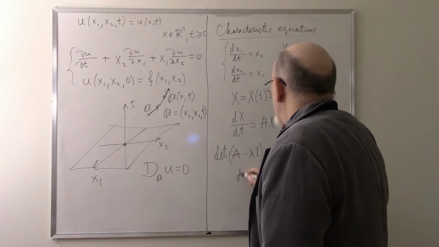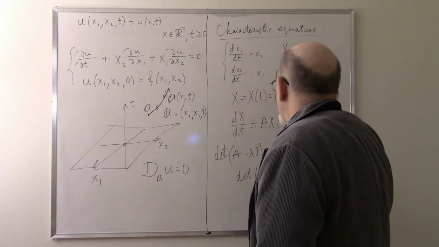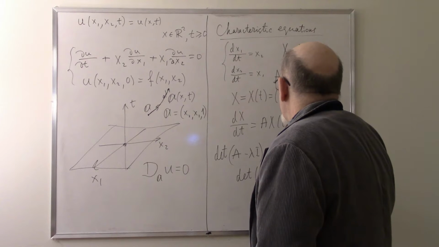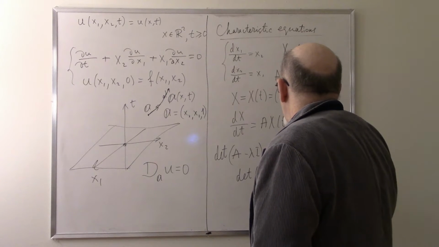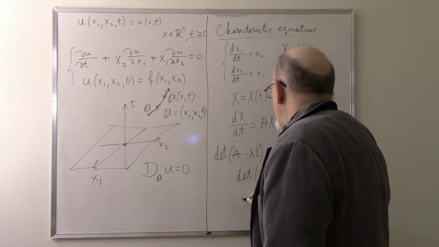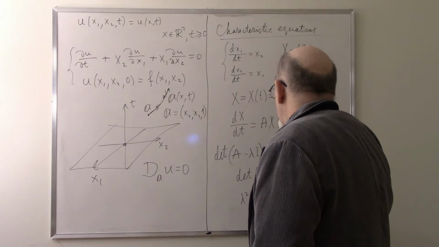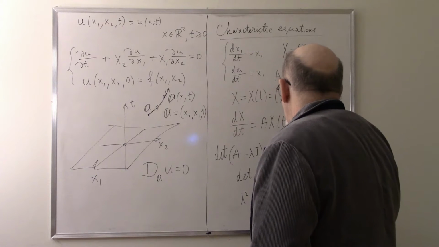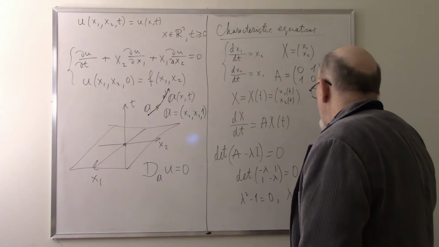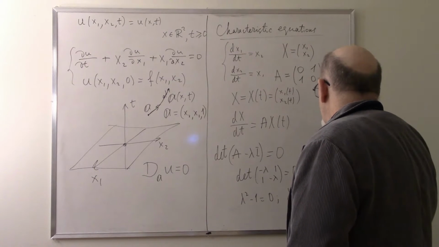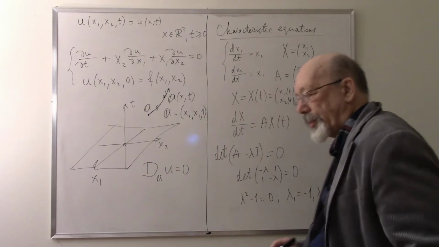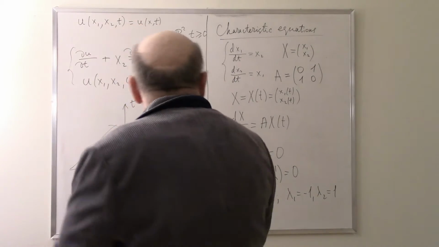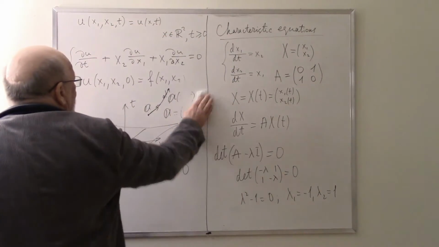So the determinant of the matrix minus lambda 1, 1 minus lambda is 0. Lambda squared minus 1 is 0. Lambda 1 equals minus 1. Lambda 2 equals 1. Now, let's find eigenvectors.